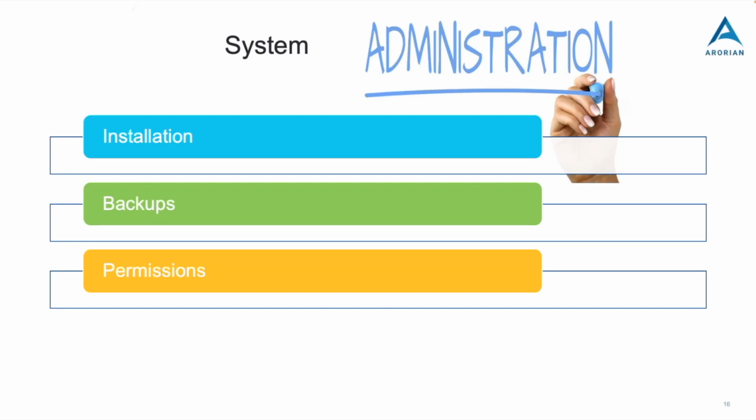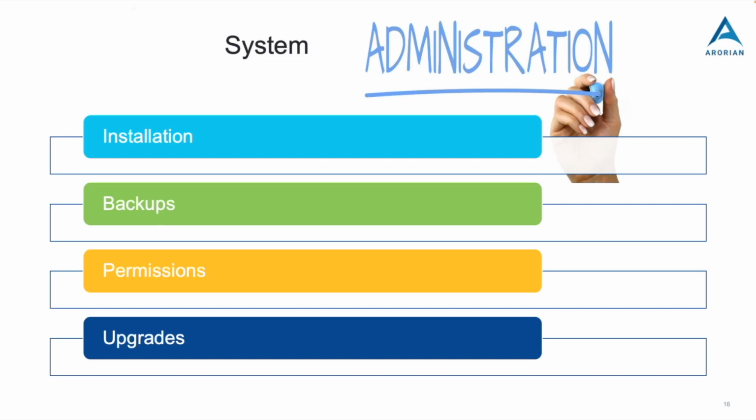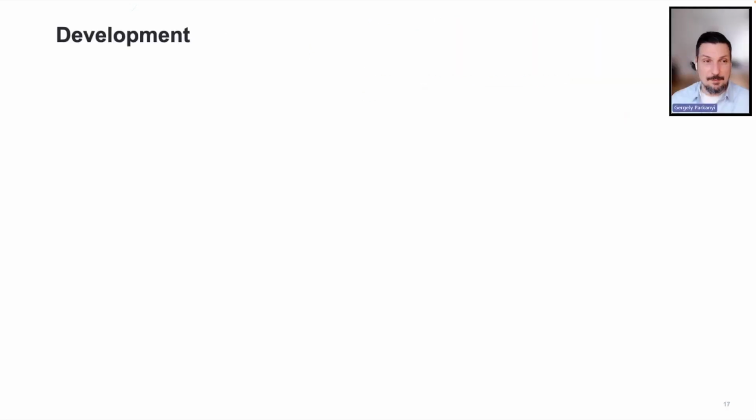All of this needs to be maintained by the sysadmin. And then finally, upgrades. Once you have everything in place, there could be regular upgrades coming, and they need to be installed. These are the topics for sysadmin training, and again, most of it can be learned from the user guide, but if not, then a partner can help.